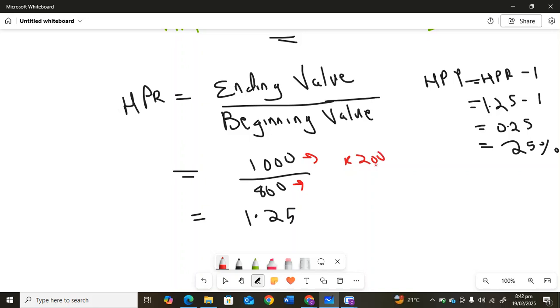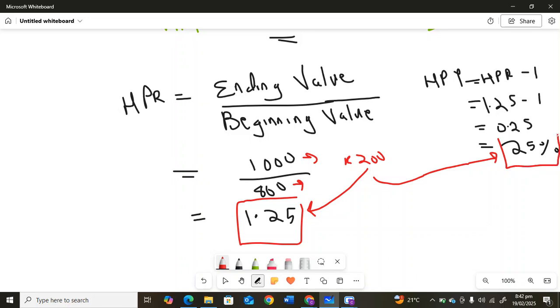So this 200 kwacha represents a return of 1.25, which can also be presented as a percentage, as a return of 25%. After holding this investment for 2 years, you've earned 200, which represents a return of 1.25 or 25%.